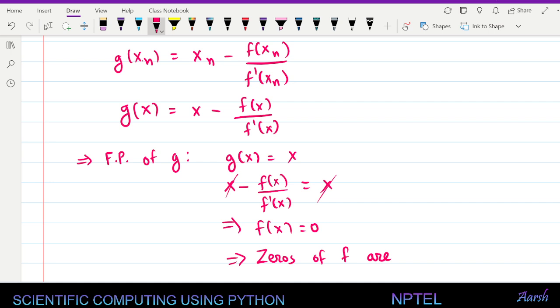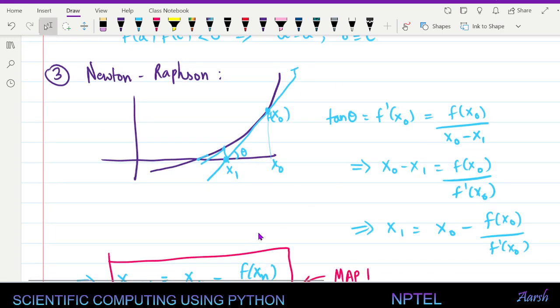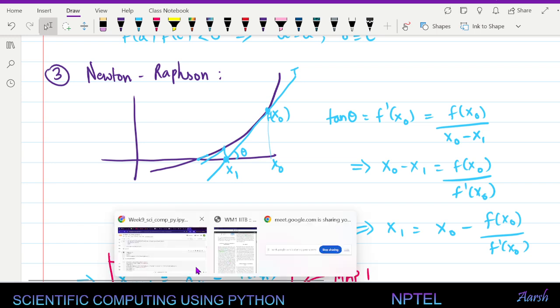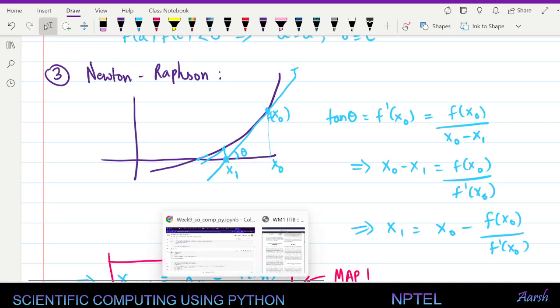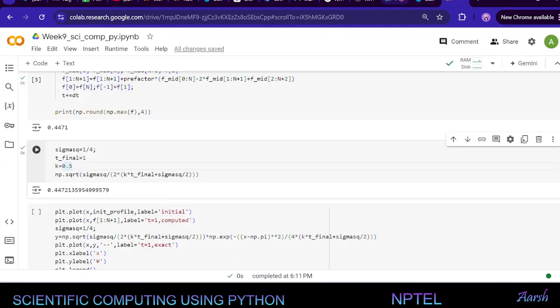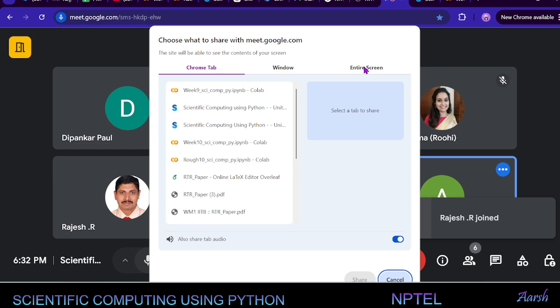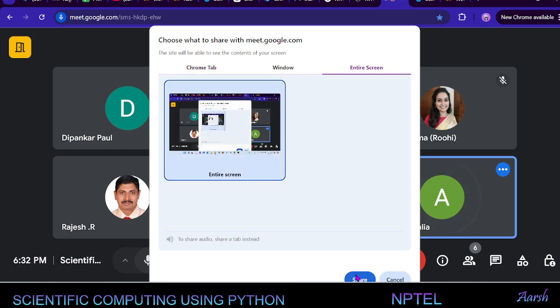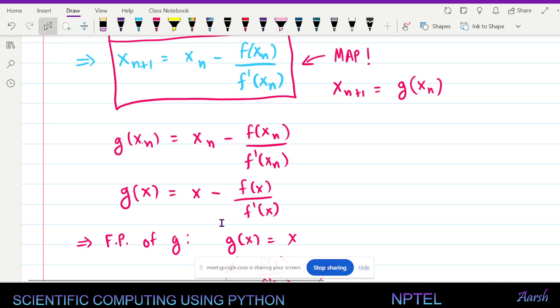Arsh, you're writing something on a board? It's not visible, it's stuck. Only the Newton part is visible. Oh, okay, I don't know why. Thank you for letting me know. Let me stop sharing and reshare it. Is it visible now?